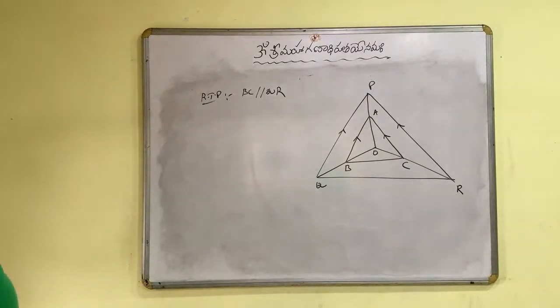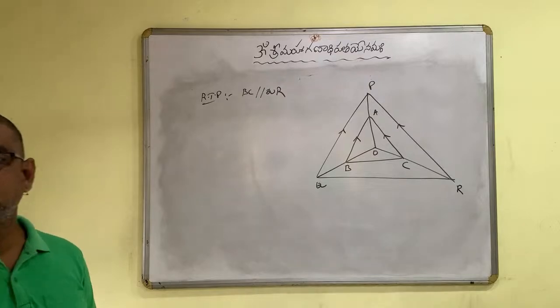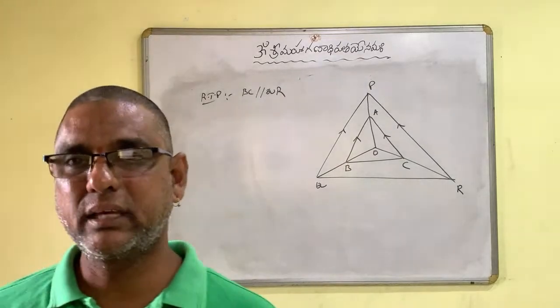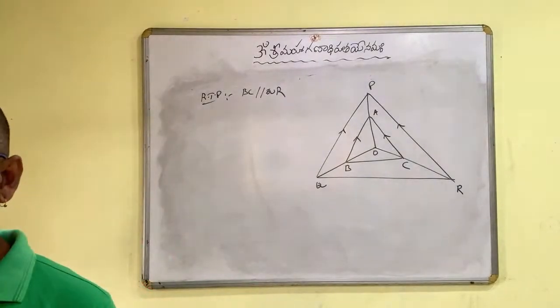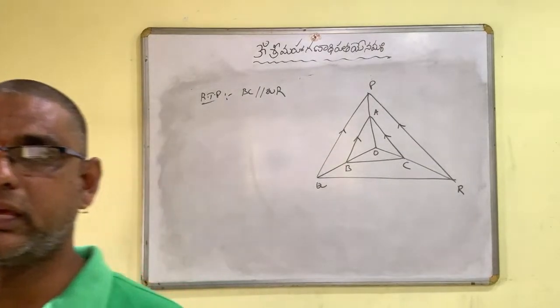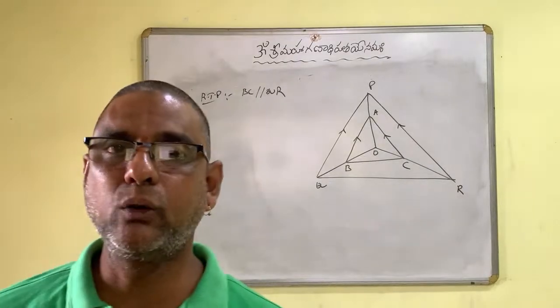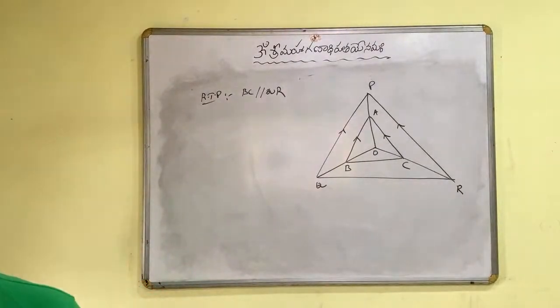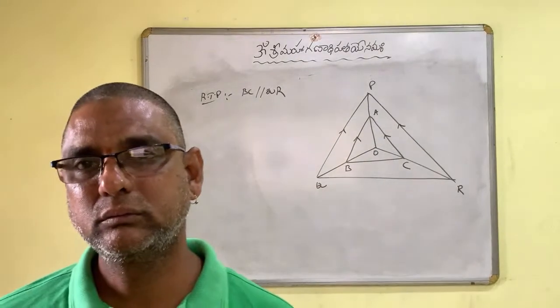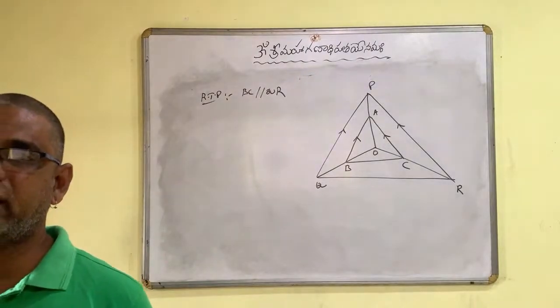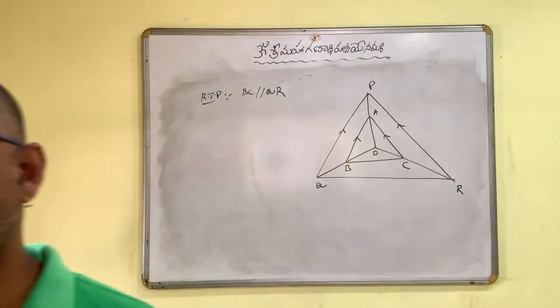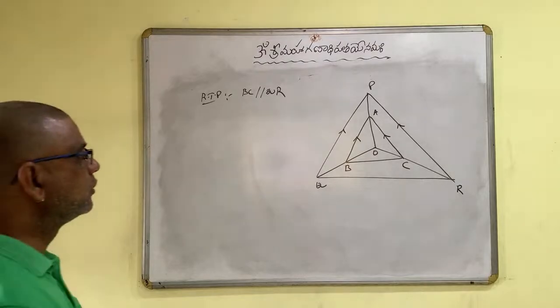Ready, children? Given two triangles ABC and PQR, observe the figure. Given AB parallel to PQ, AC parallel to PR. And what we have to prove? BC parallel to QR. What to do?